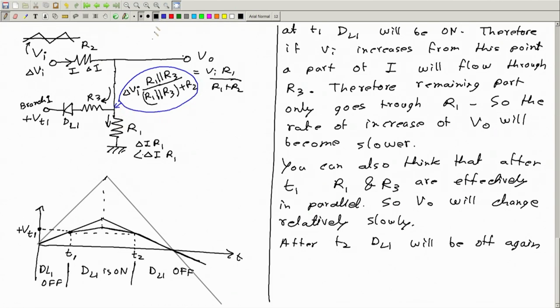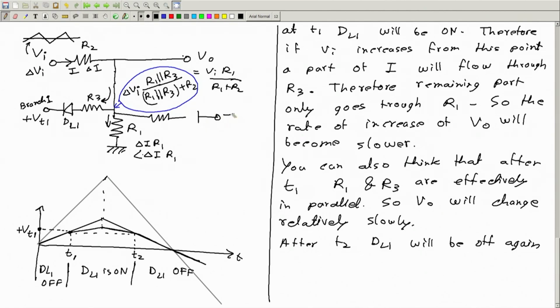So what I shall do, I shall put another symmetrical arrangement. I'll put a diode here, and I'm actually thinking what to do. Okay, you can also think with me.